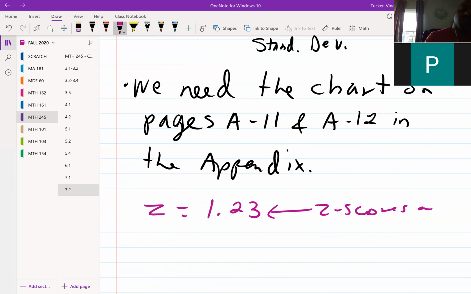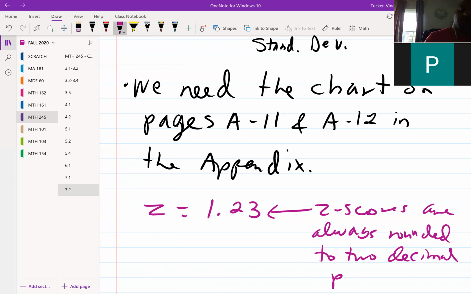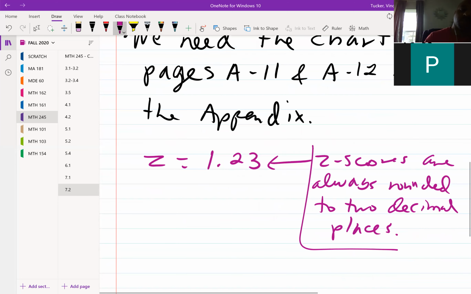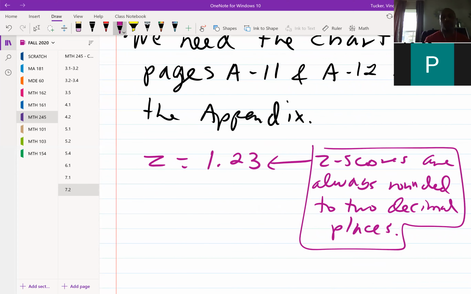Z-scores. So your z-scores will always be rounded to 2 decimal places. So we talked about that before when we were doing our calculations.